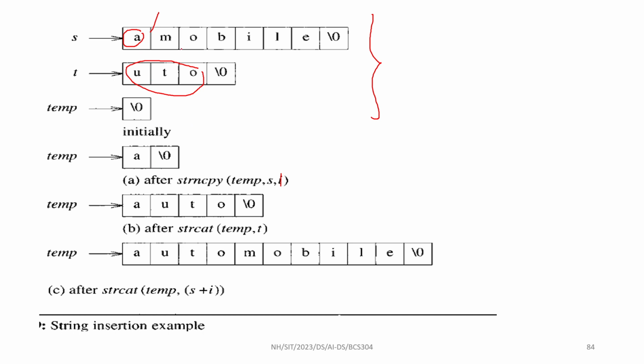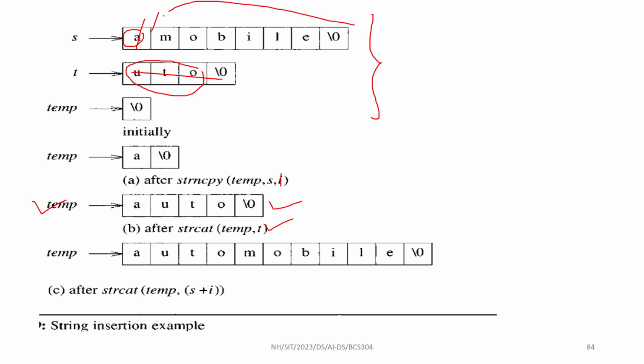Then all the characters of T you have to join. That is the concatenate function. To the temporary result, you concatenate UTO. This is how the next operation works. That is concatenation. So successfully A is copied, UTO is copied.